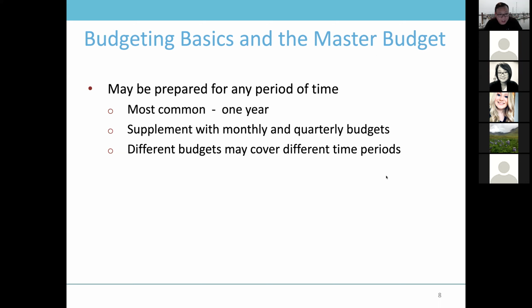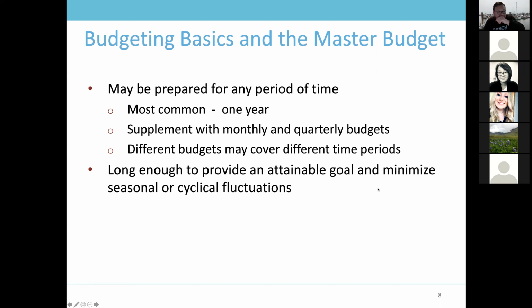Okay, so it has to be long enough to provide an attainable goal and minimize the seasonal and cyclical fluctuations. If you just have 1 month's budget, oh good, you meet your goal, but guess what? That's your busy season.